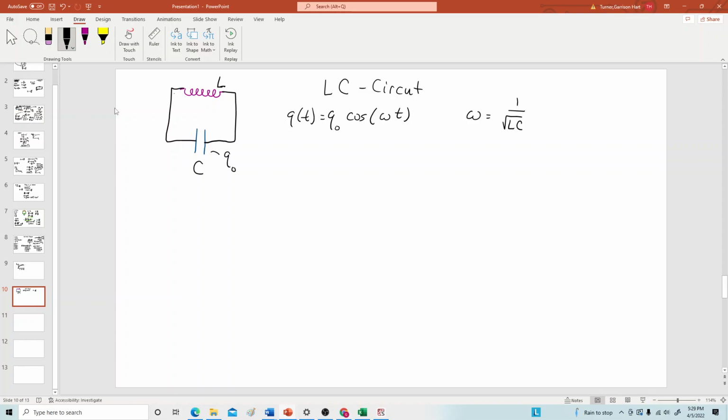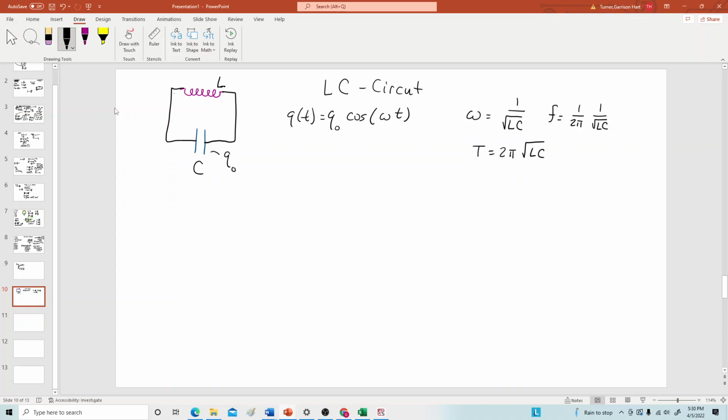So, some things to note. Remember that the frequency would then be 1 over 2 pi times the square root of LC, and the period is equal to 2 pi times the square root of LC, right?